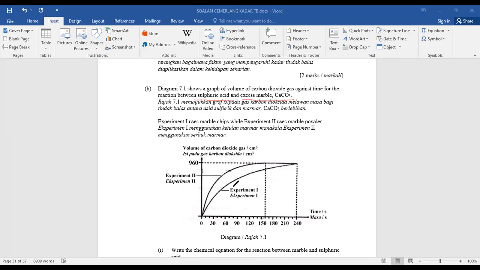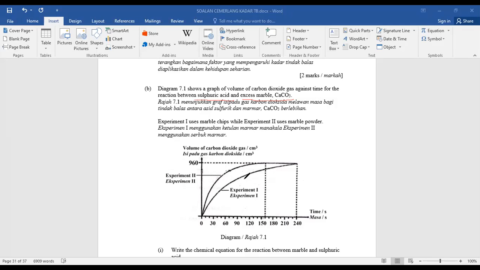Now let's look at the graph. What can you tell about experiment 1 and experiment 2 based on the rate of reaction? What can you tell about the rate of reaction of experiment 2 compared to experiment 1? The rate of reaction of experiment 2 is higher than experiment 1.